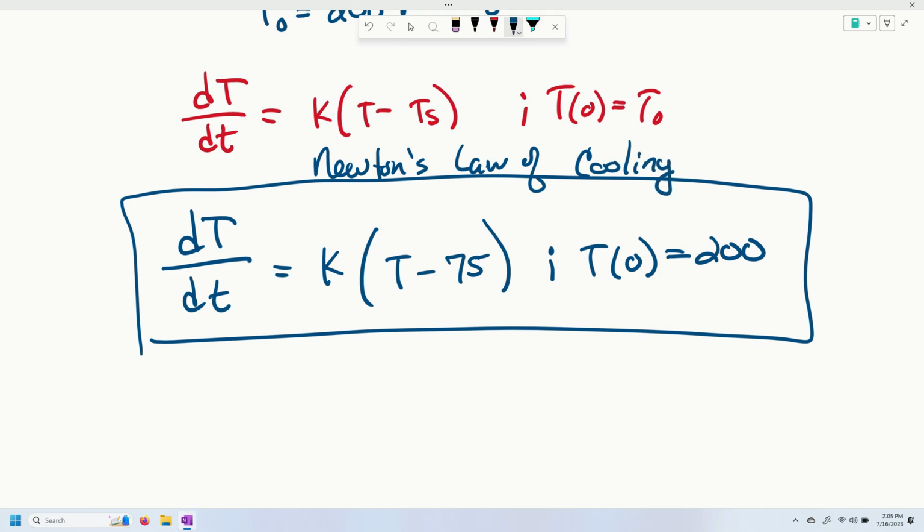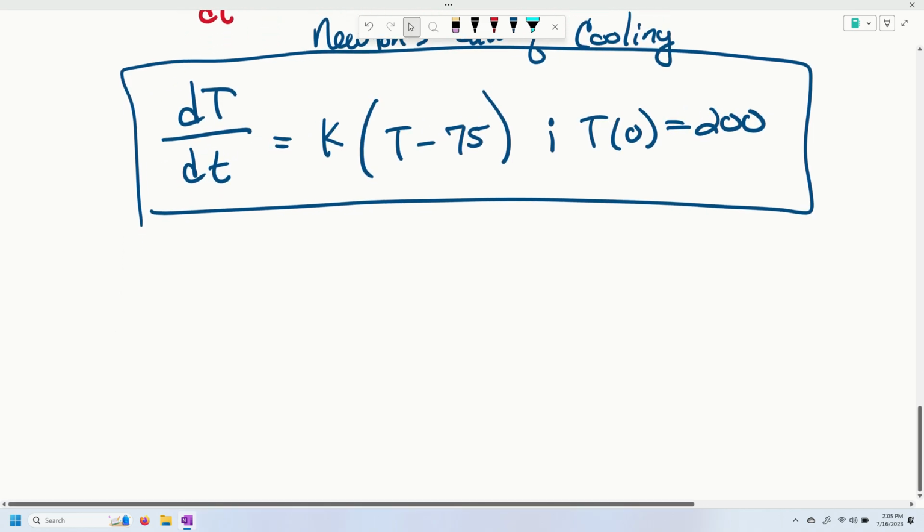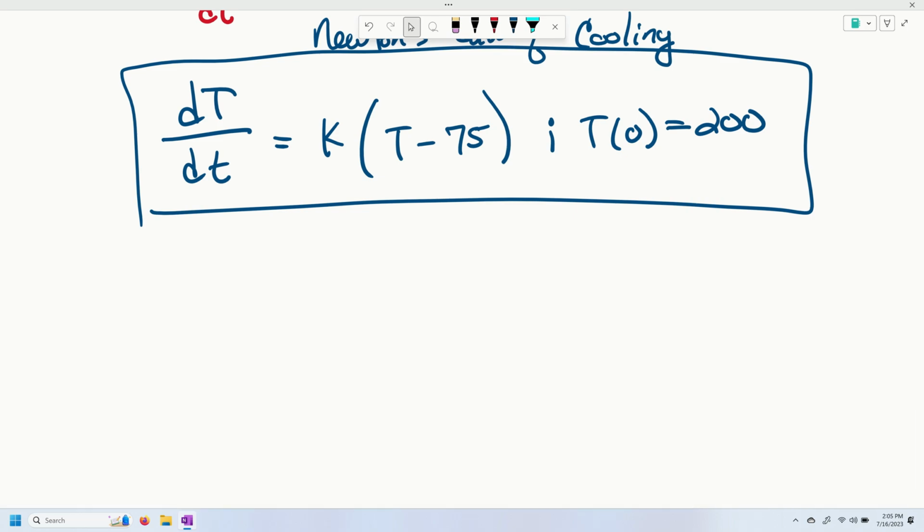To solve this, we're going to use our 5-step technique for solving separable equations that we're used to. Setting the right-hand side of the equation equal to 0 gives T equals 75 as a constant solution.